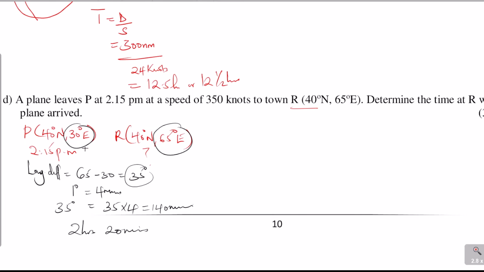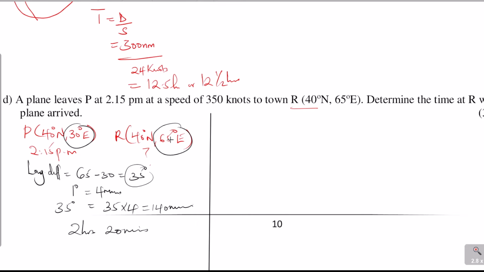Now we need to know which place between P and R will be ahead of time and which one will be behind. So when you look at 30 degrees east and 65 degrees east, 65 degrees east is more to the east of the prime meridian as compared to 30 degrees east.